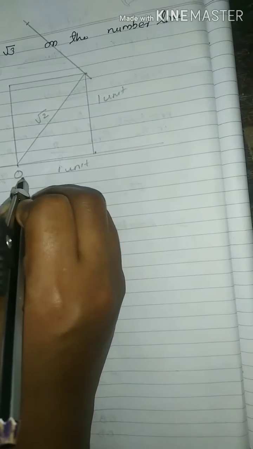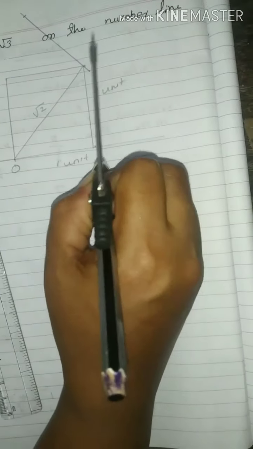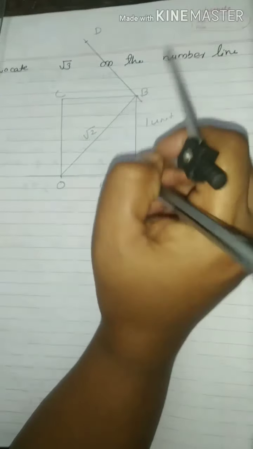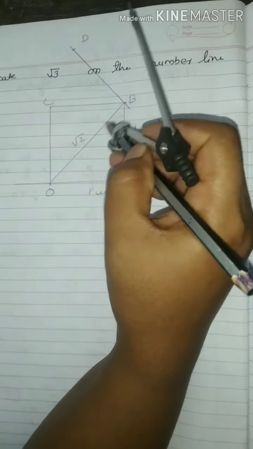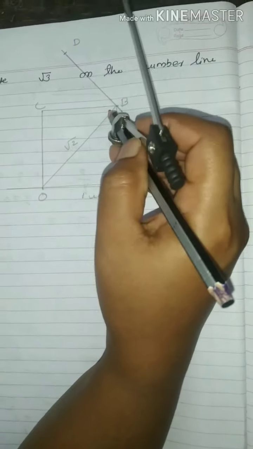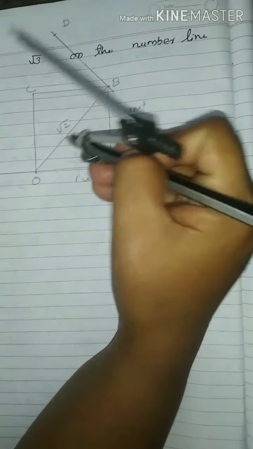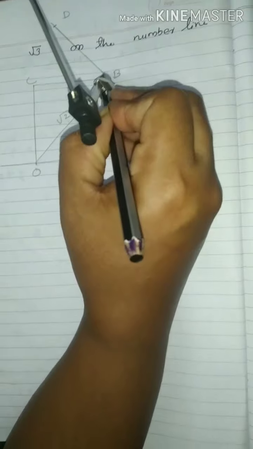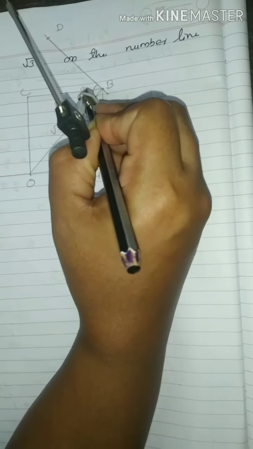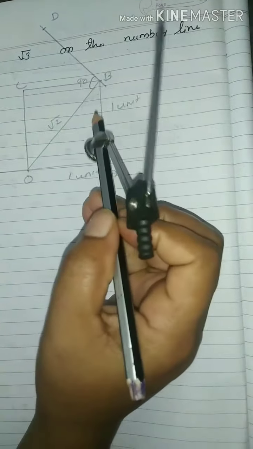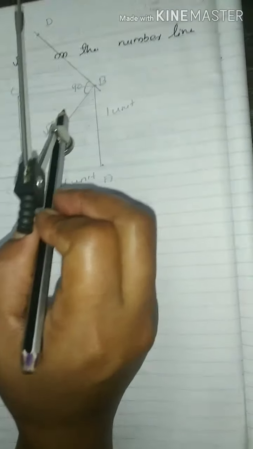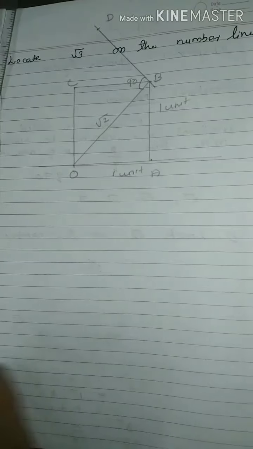Then we can name the points OA, BC. This point is D. Do you understand? First you draw a square. Then from B, draw a line BD perpendicular to OB. Then this angle is 90 degrees. Then according to the Pythagoras theorem, this line is the hypotenuse.